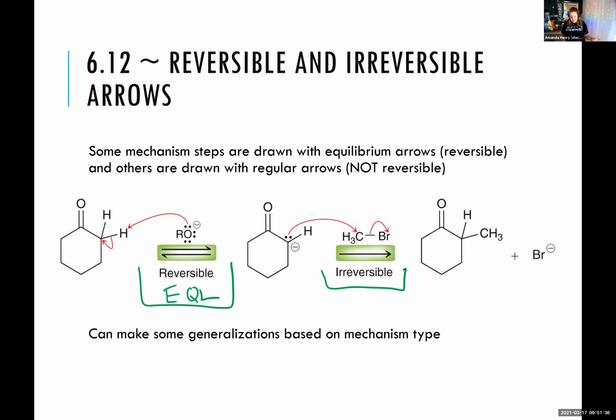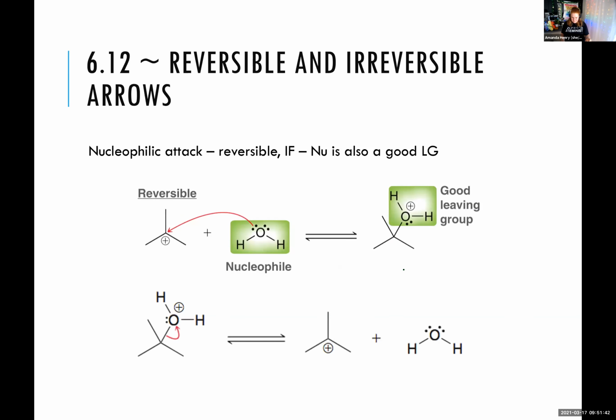So we are going to make some generalizations about our 4 reaction types. Nucleophilic attack. We already said that a nucleophilic attack and the loss of a leaving group are the opposites of each other. So this will be a reversible reaction if our nucleophile is also a good leaving group. So it can go backwards.